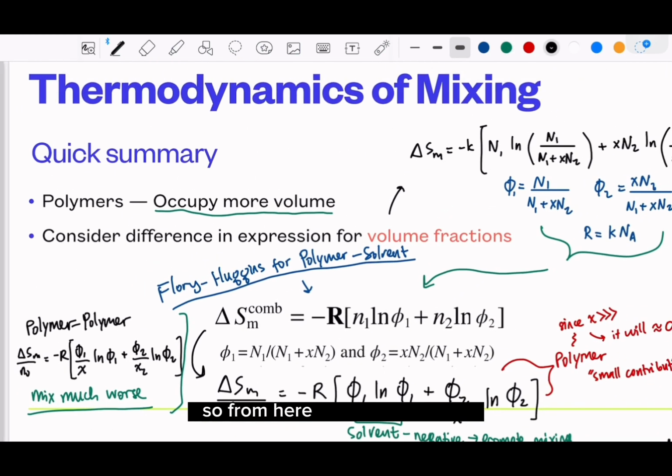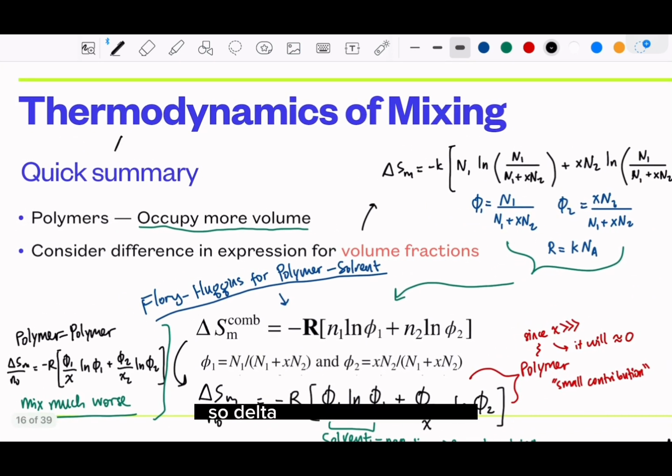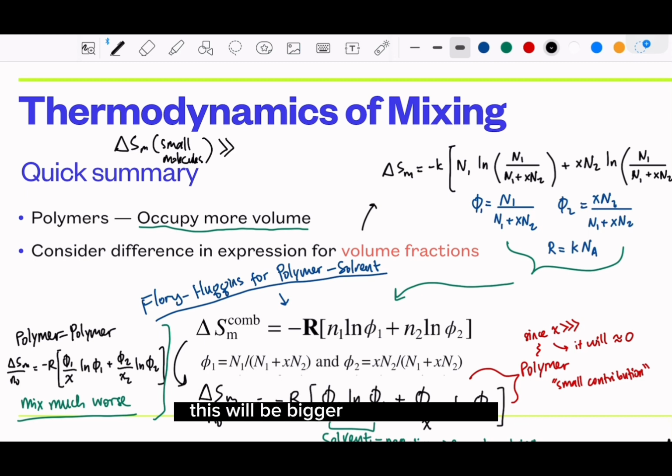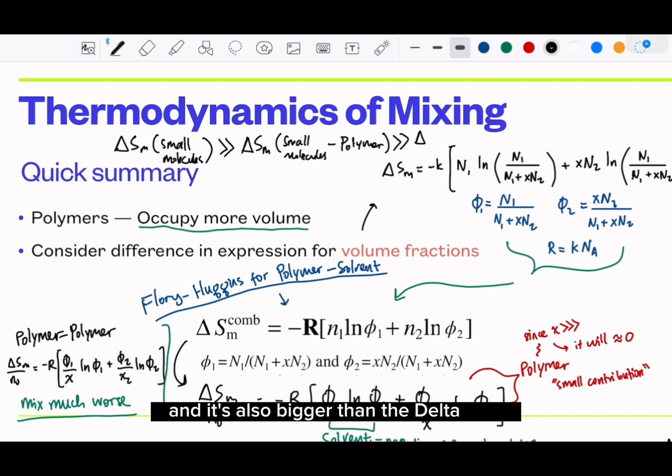So from here, in quick summary, let me write in the top here. So delta S for small molecules will be bigger than the delta S for the small molecules polymer. And it's also bigger than the delta S for polymer.